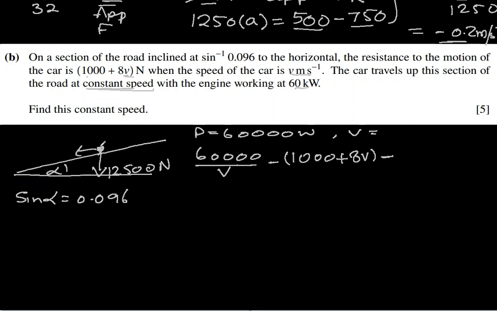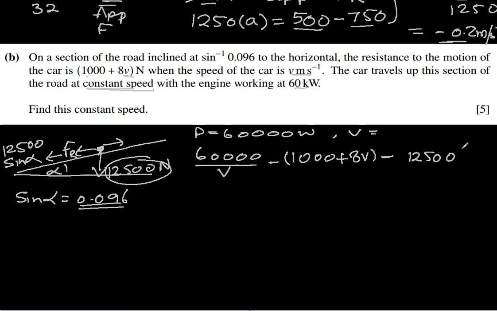There will be a resistive force because the car is trying to go up. There is already a resistive force Fr we have been given, but there will be a component of its weight which will also resist this car going up, and that will be 12,500 sine alpha, and sine alpha is 0.096. We'll use it in our equation. 12,500 times 0.096 is equal to 0 because acceleration is 0, so ma becomes 0.